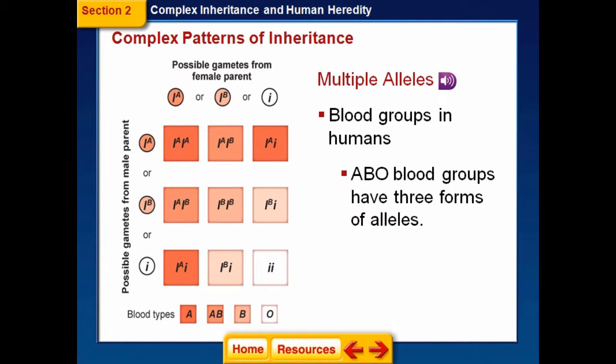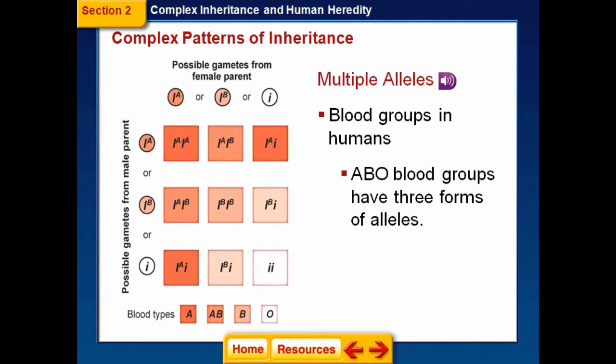Another complex pattern of inheritance is multiple alleles. Blood type is an example of this. You can actually have 3 different alleles: the A allele, the B allele, and the O allele. If you have either the A or the B, those two are both dominant over O, but they don't dominate over each other.